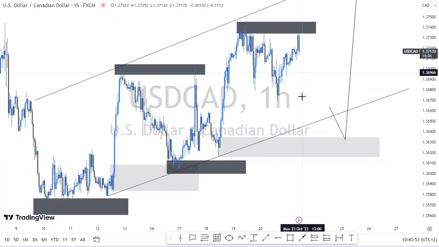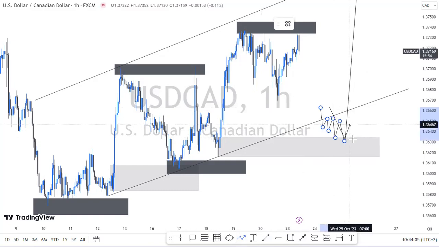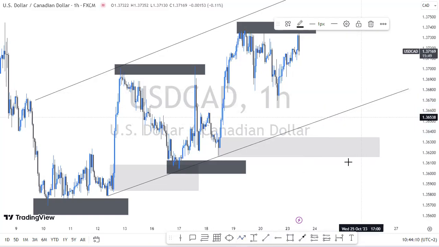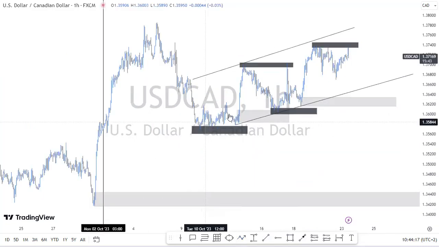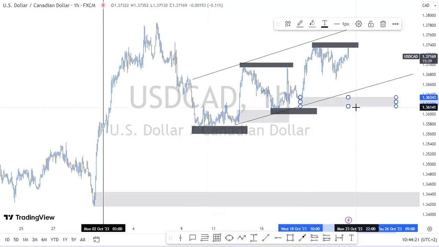I'm going to have to monitor this USD CAD as it is approaching and playing around this particular zone. Obviously, a break below this particular zone, starting off with this one, would be some sort of invalidation to my trades, to this setup.